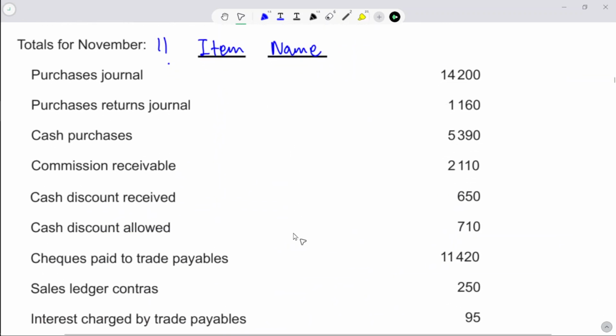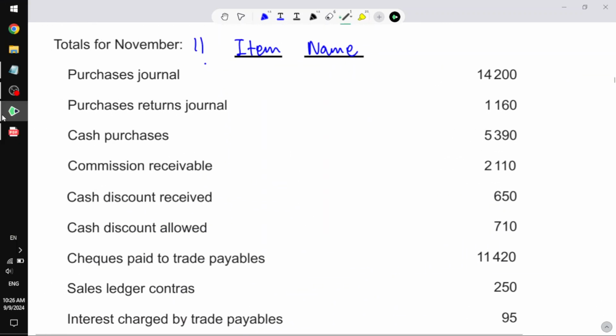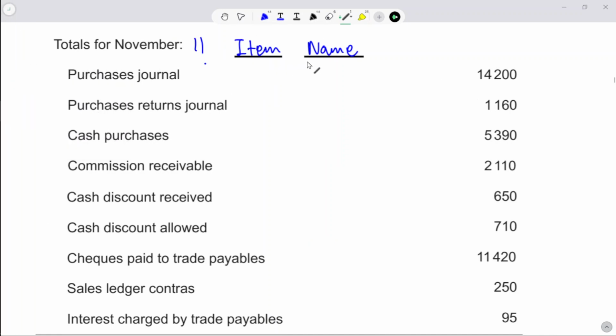Let's find it. Okay, first we need to draw two lines. Let's draw.